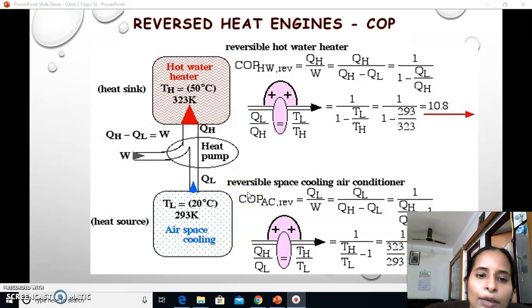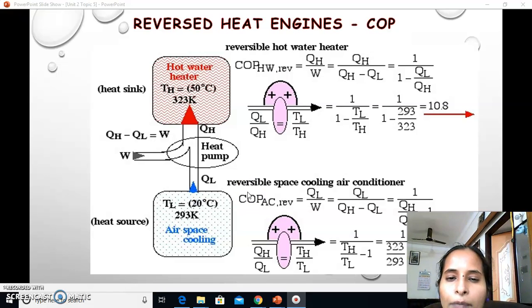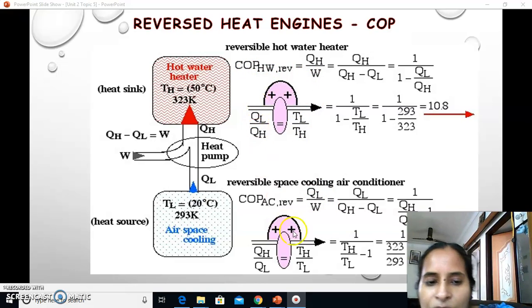And here you can see the coefficient of performance for a heat pump following a reversible cycle, and here it is for an air conditioner, which is higher temperature minus lower temperature, and thus you can get the relation that COP of the heat pump is equal to COP of the refrigerator plus 1.